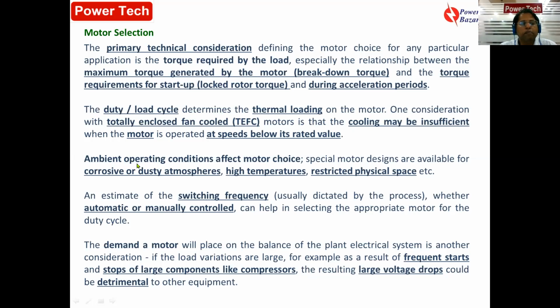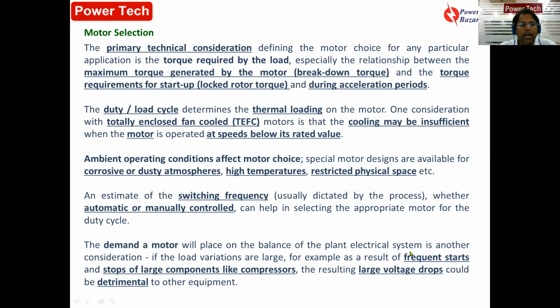Now another one is ambient operating conditions. In which atmosphere does the motor operate, whether it is dusty, whether it is corrosive, whether the temperature is very high, or you require a flame-proof type of design, or there is restricted physical space. So these are the ambient operating conditions at which the motor operates. It also affects the motor choice. Then switching frequencies. Whether it is manually operated or automatically controlled, this is another one.